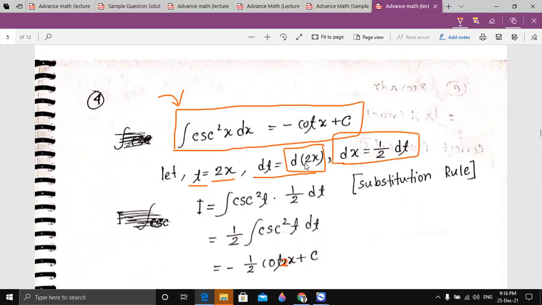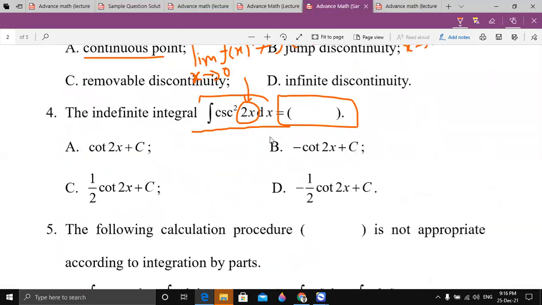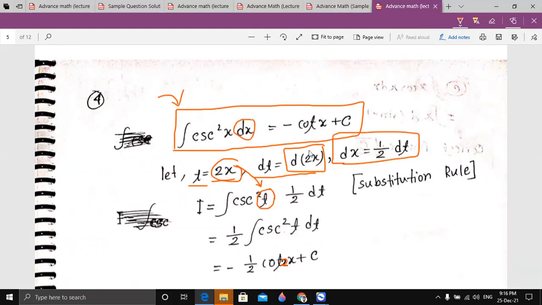So now we can use substitution. We write here t instead of 2x, and then we had dx here, so instead of dx, we can write 1 by 2 dt. Then we take the constant out, so we get half integration of cosec square t dt.